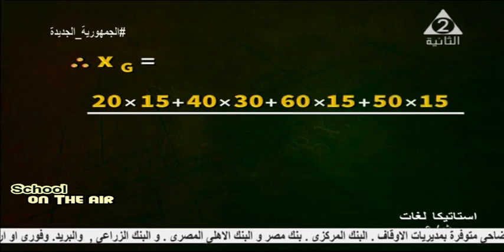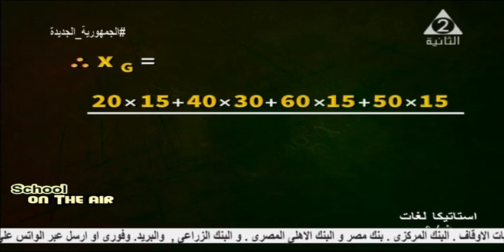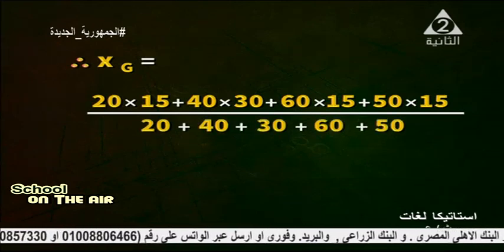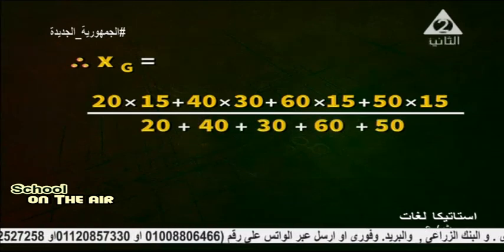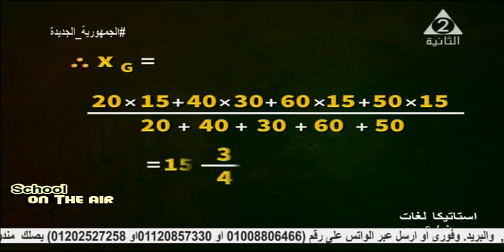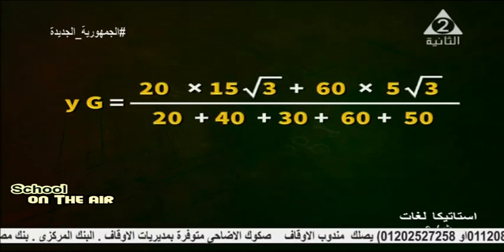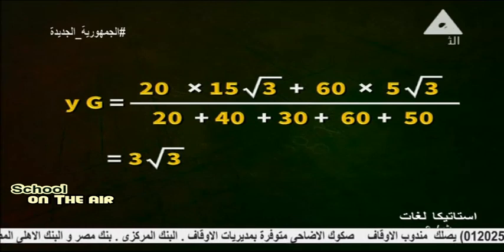By using the rule, xG equals m1 x1 plus m2 x2 plus m3 x3 plus m4 x4 plus m5 x5 over the summation, equal to 15 and 3/4. By using the same method to calculate yG, we get 3 root 3.